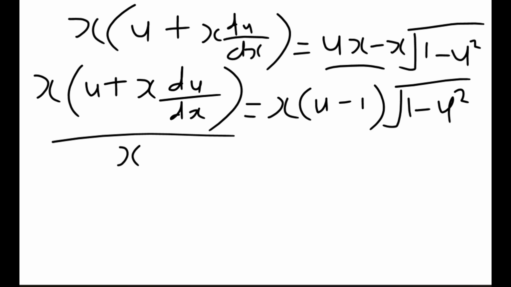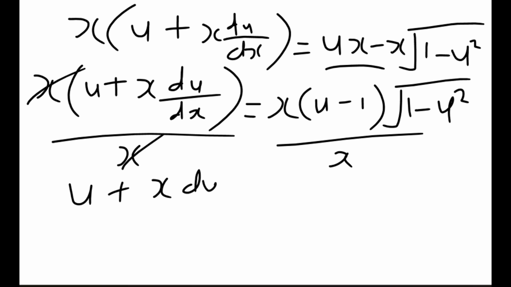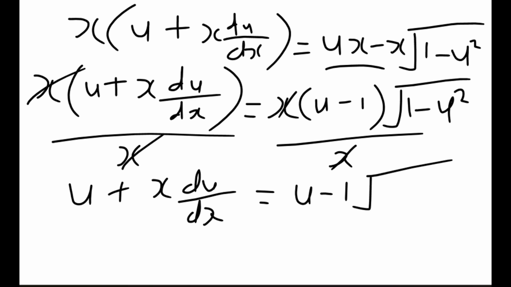Okay, so x is common, so we divide through by x, then we cancel out. Then we have u plus x du/dx is equal to u minus 1 times the square root of the expression 1 minus u squared.